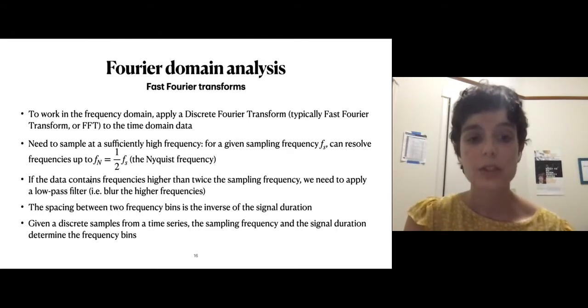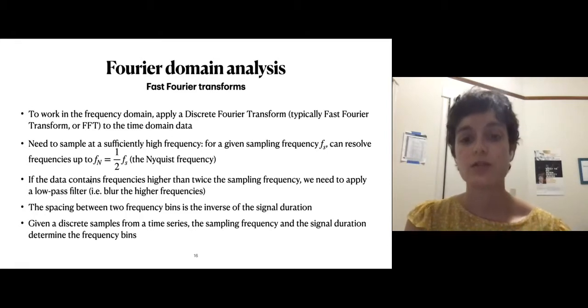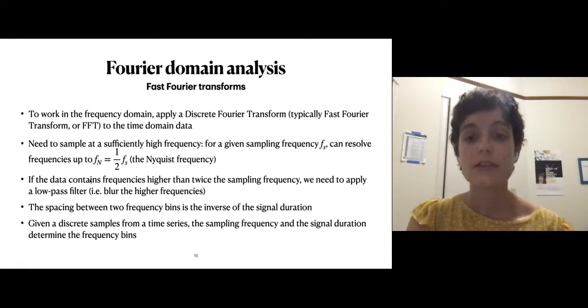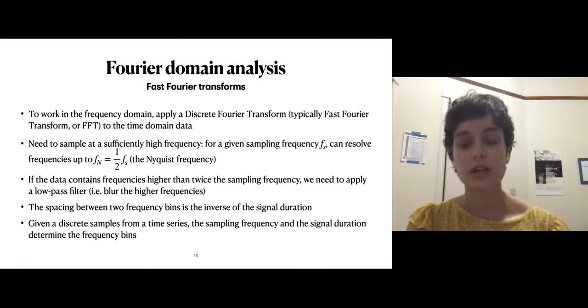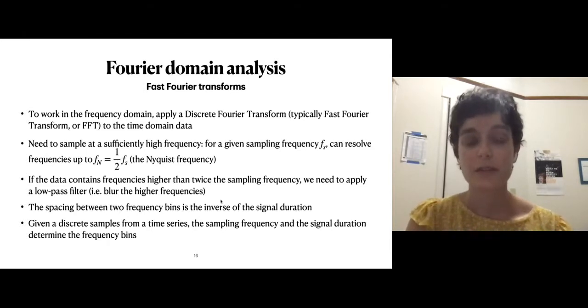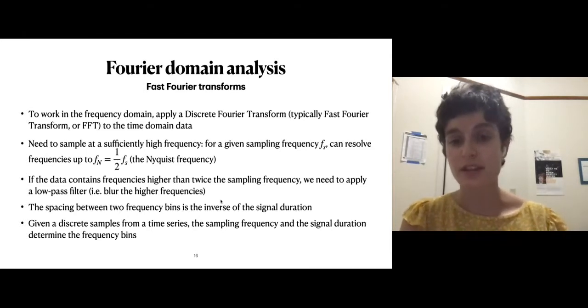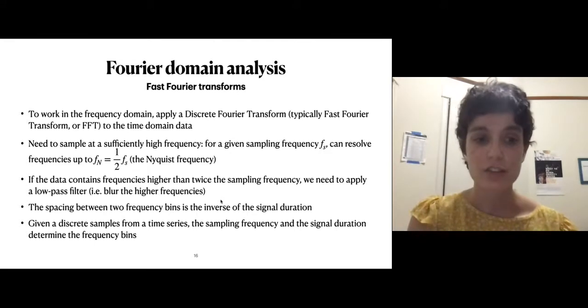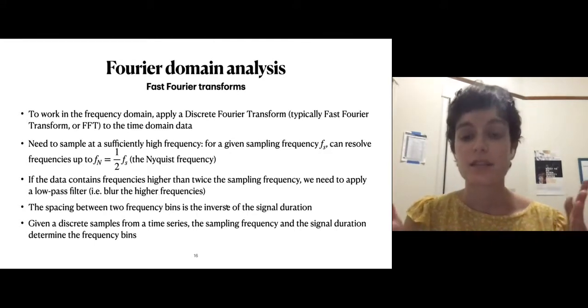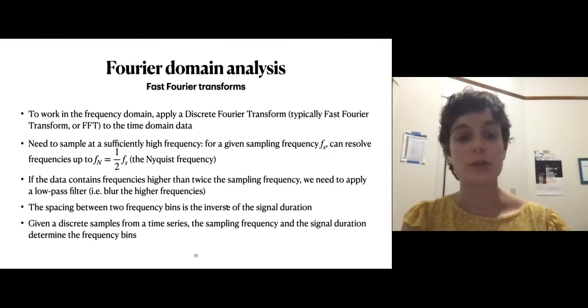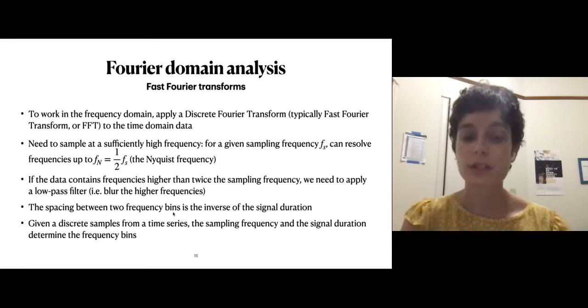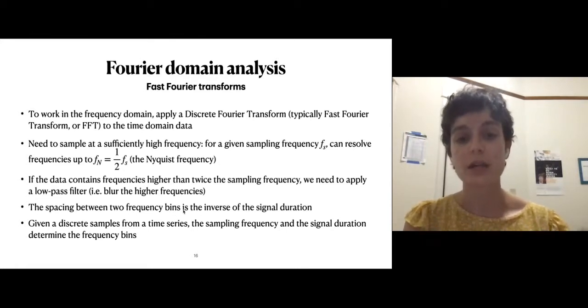Meanwhile, the spacing between two frequency bins gives you the inverse of the signal duration. If you've sampled for some time, say 500 seconds, that total duration determines the spacing between the two frequency bins that you can resolve, right? That'll be 1 divided by 500 hertz.